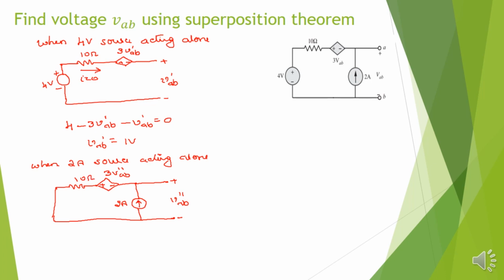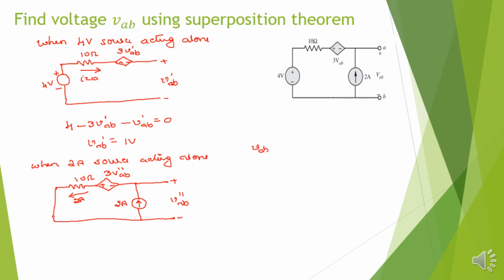Now, how to find VAB? Now this 2 amps is flowing through this. So the current through this 10 ohm is in this direction, 2 amps, because the other end is connected to open circuit. Now trace the path from lower potential to upper potential. So what happens?